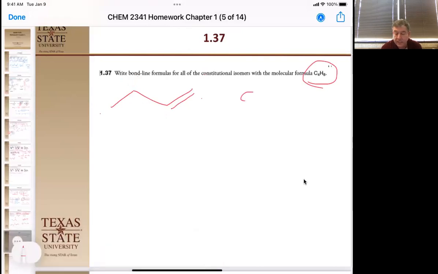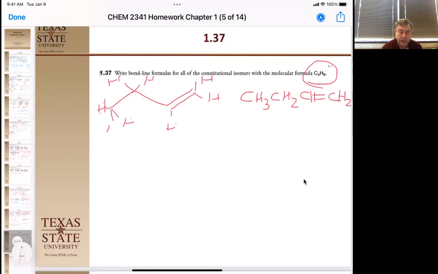So we have CH3, CH2, C double bond C, CH2. So we have hydrogens here, hydrogen here, hydrogen there, hydrogen there, and 3 hydrogens over here. Okay, so that's the first one.